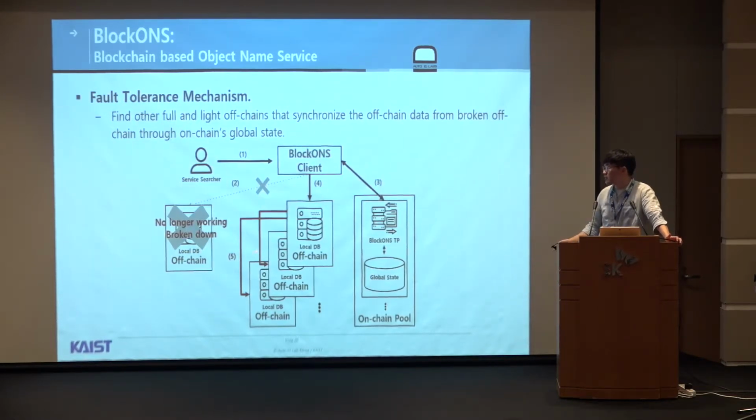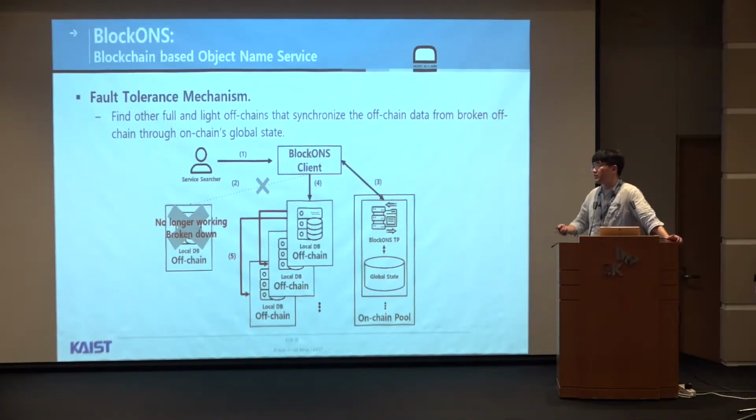when some of the off-chain databases are no longer working because of some breakdown or failure, the service searcher's blockchain client will access the on-chain data, the on-chain pool, to find the service data which is copied by the synchronization and subscriber process.